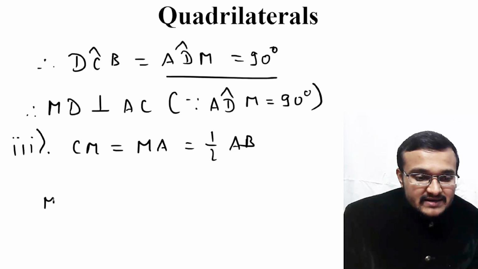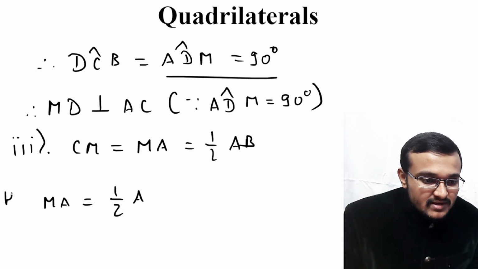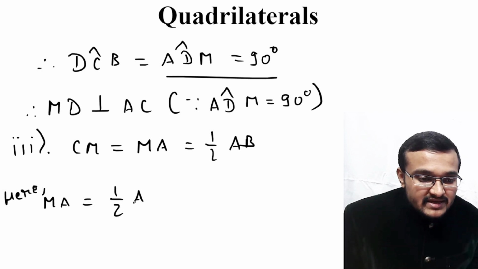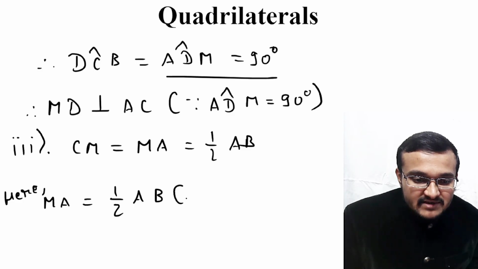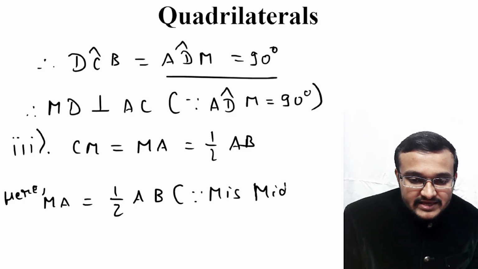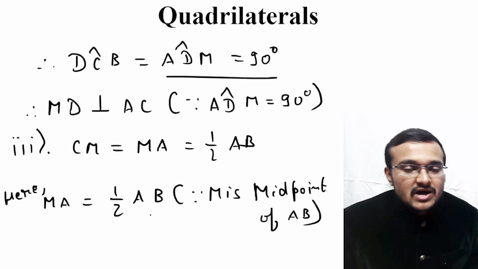Here MA is already equal to half AB, because M is the midpoint of AB. Since M is the midpoint of AB, MA is already equal to half AB.